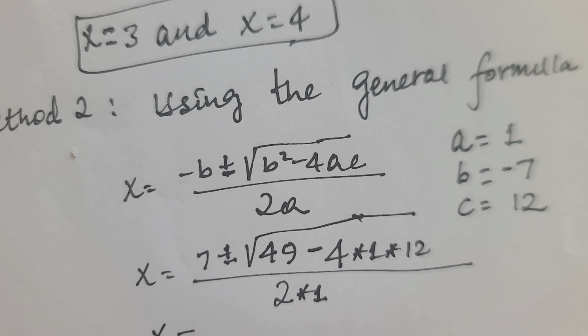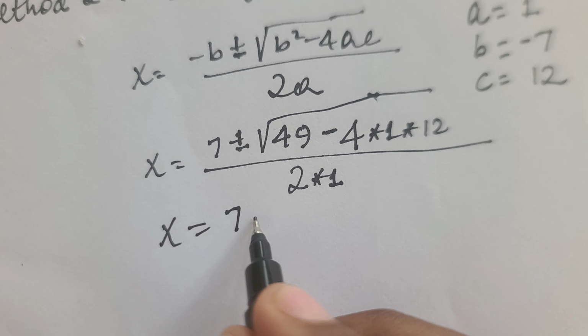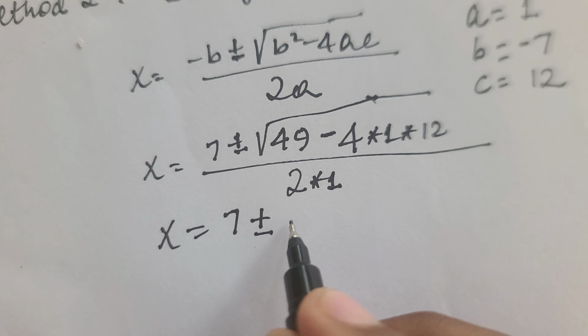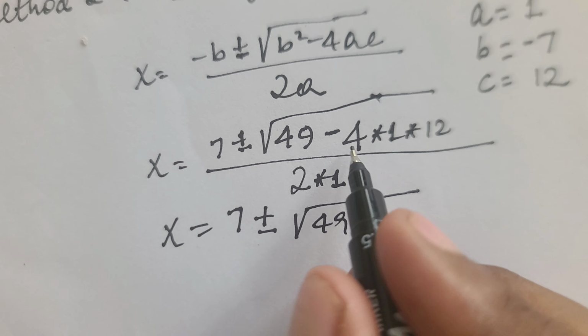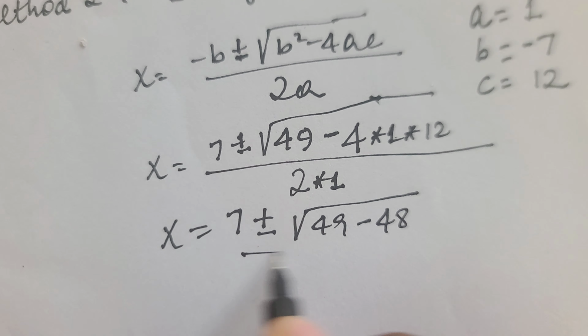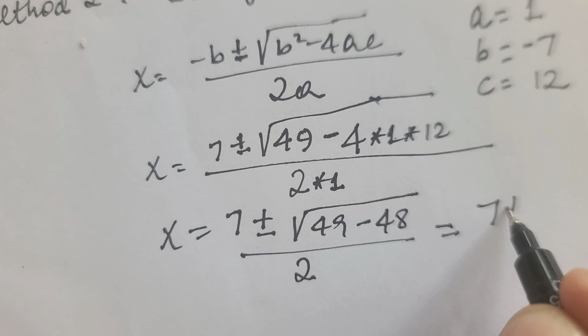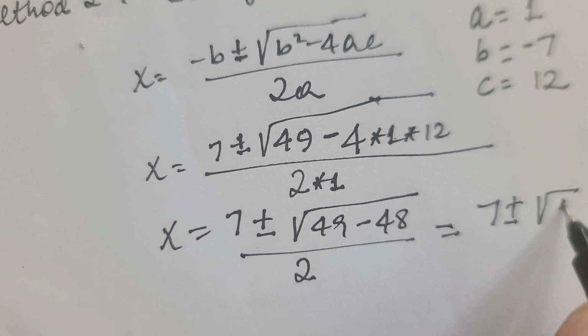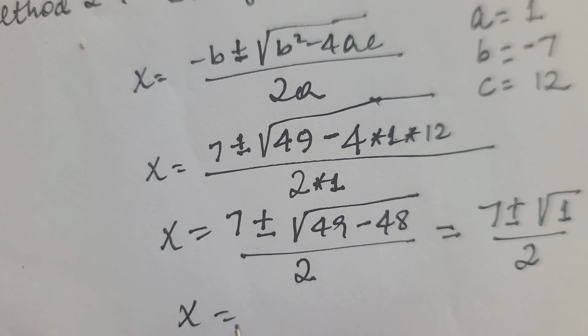Then x equals 7 plus or minus radical of 49 minus 4 times 1 times 12, which is 48, over 2, which is 7 plus or minus radical of 1 over 2.